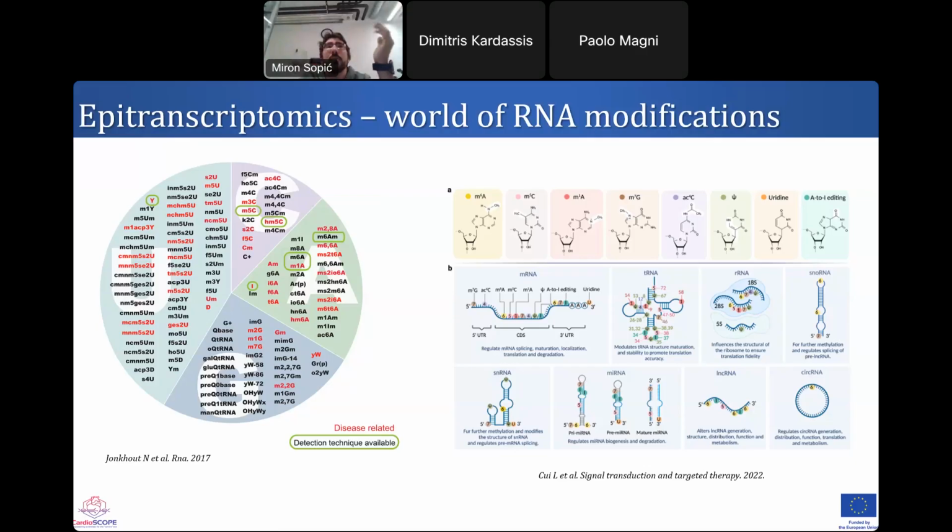For ribosomal and transfer RNAs, we knew for ages that they are heavily modified, and that these modifications have functions within these RNAs. But lately, we have been observing the significance of this modification also on mRNA, microRNAs, and long noncoding RNAs, and we know that these modifications are very important, not only in the biogenesis, but also in the function of certain types of RNA.